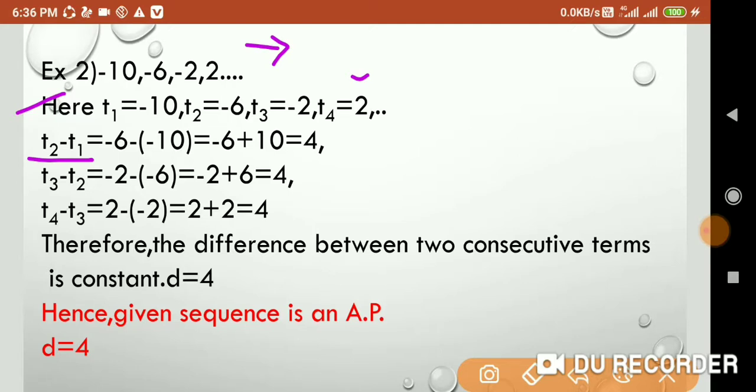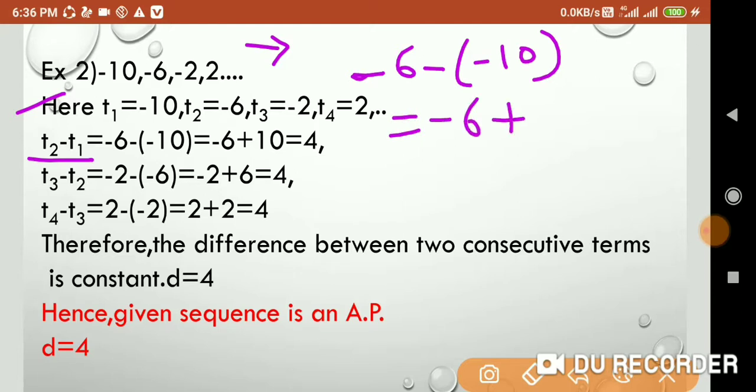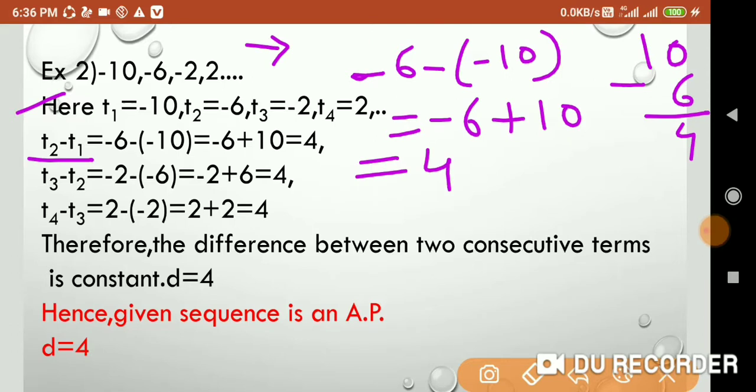Value of T2 is minus 6 minus value of T1 which is minus 10. Therefore it can be written inside the bracket. Now this minus 6 is written as it is, minus minus becomes plus, and this 10 is written here. Now see, this is simple subtraction. 10 minus 6 is equal to 4. Understand, student? That means here we get the value of D is equal to 4.